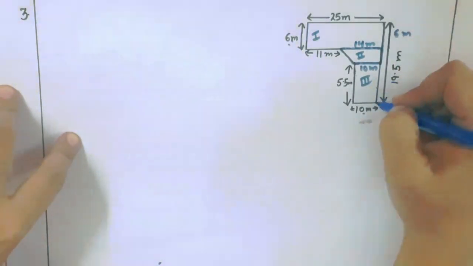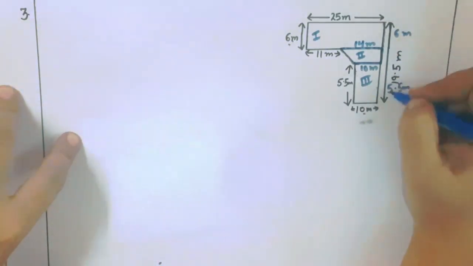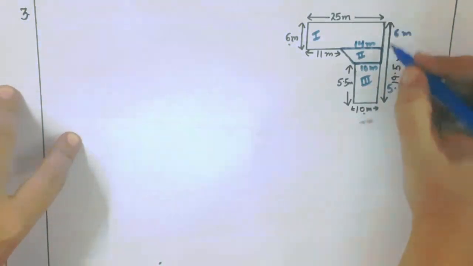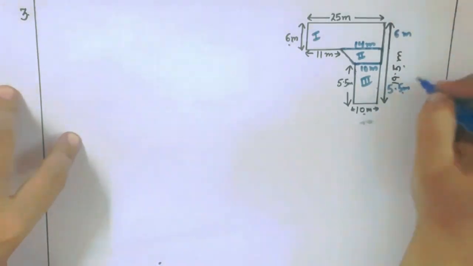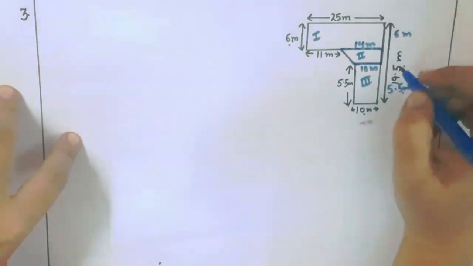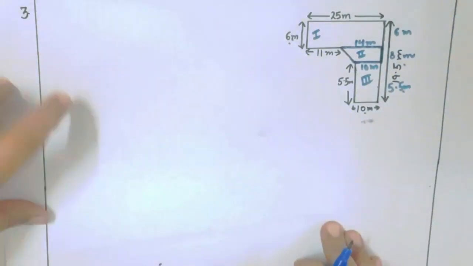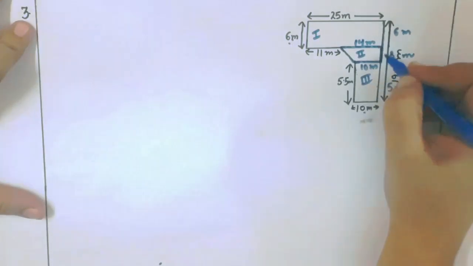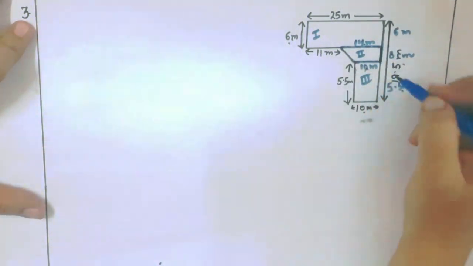And this one is 5.5 meter. 5.5 meter means total is 11.5 and the total length is 19.5. 19.5 minus 11.5 is equal to 8 meter. Is it clear, beta? Now in this second figure we know both the parallel sides and the height.